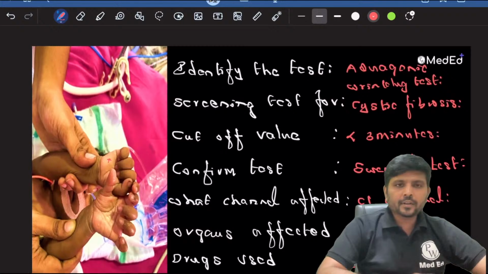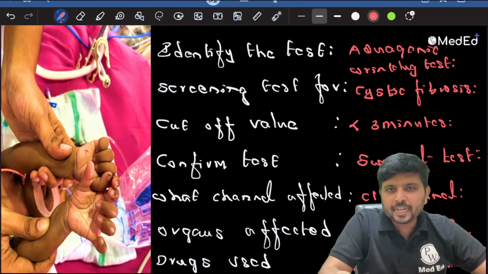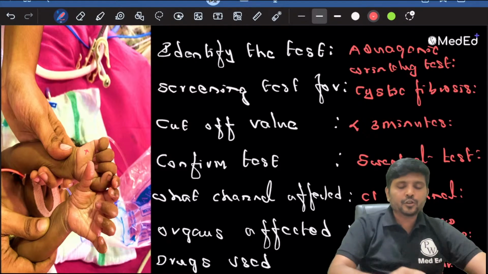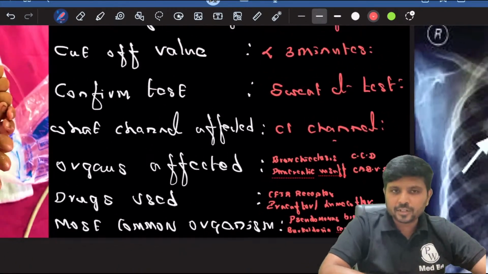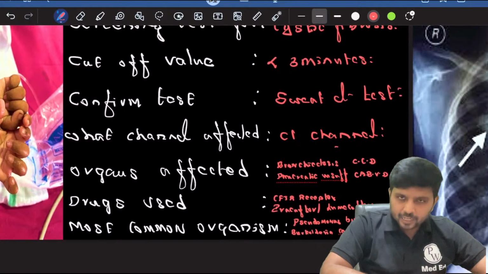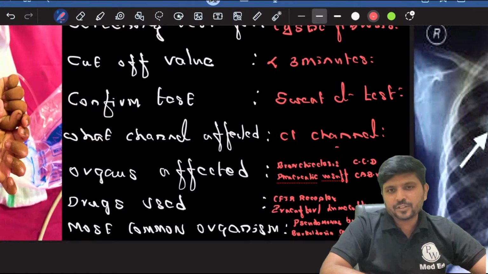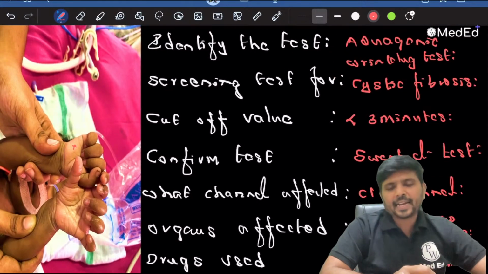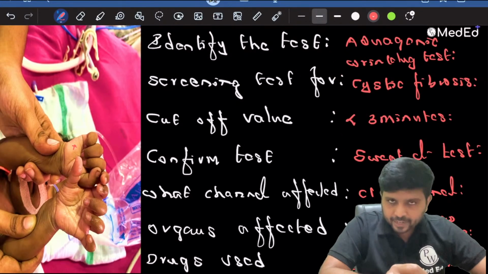Okay, right. So the test is called aquagenic wrinkling test. It is the screening test for cystic fibrosis. Exaggerated wrinkling within 3 minutes should be taken as a positive test. The chloride channel is affected in cystic fibrosis. The reproductive system, respiratory tract, and intestinal tract are all affected.